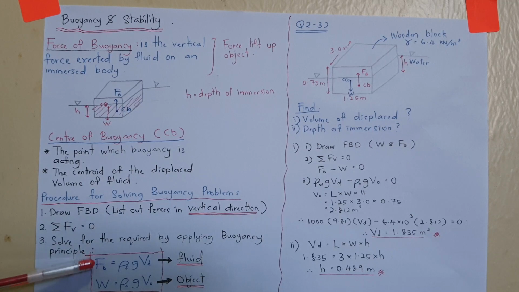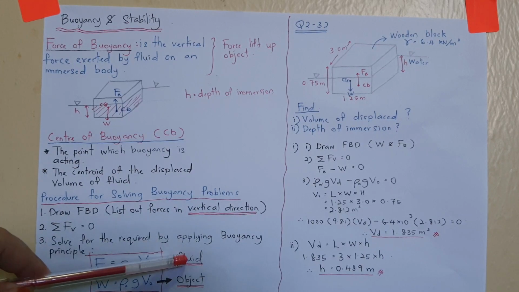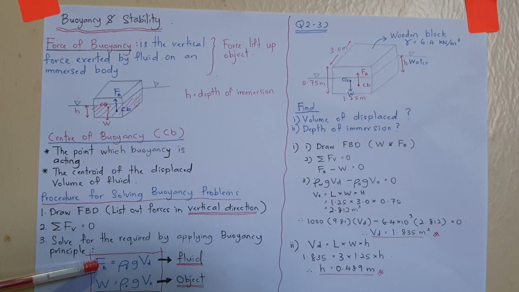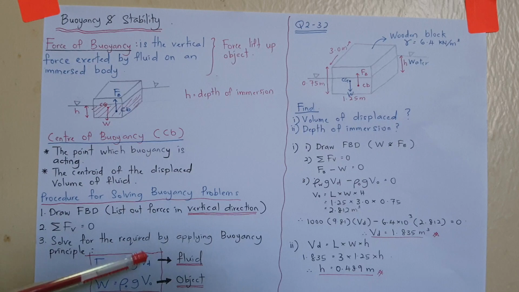In this subtopic, you must remember this equation. FB is about the fluid, so we need to use the density of the fluid. Let's say the object is immersed in water, so we use the density of water times g times the volume displaced.